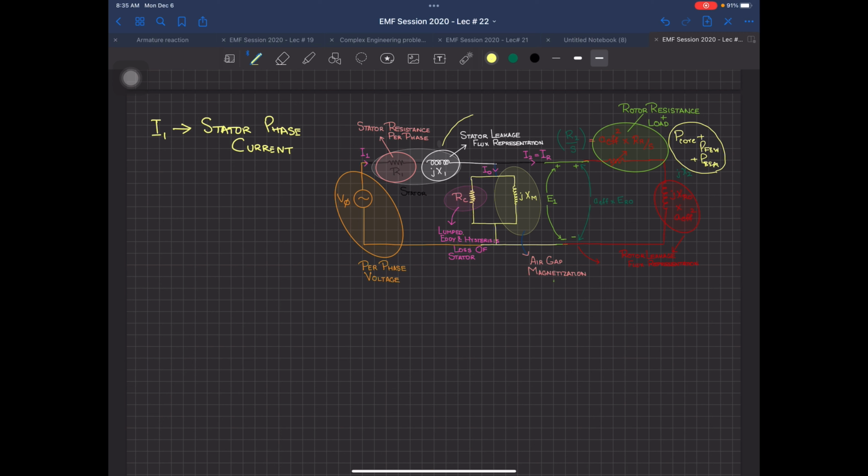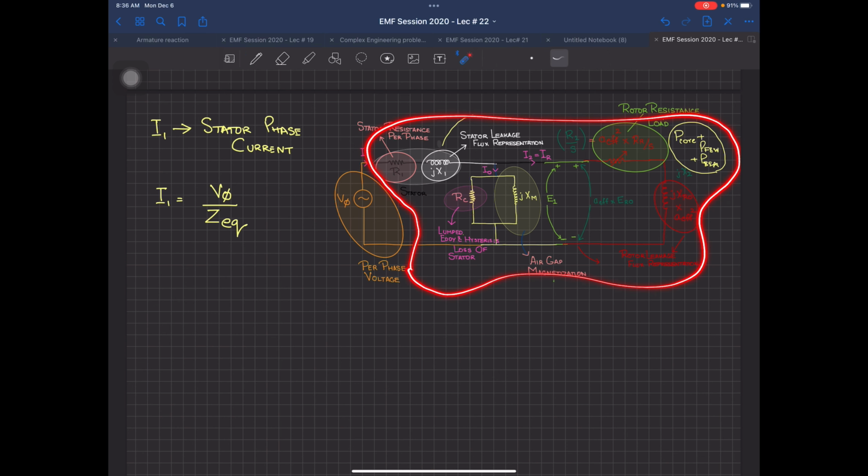Now, I1 will be equal to V phase divided by the total equivalent Z of this circuitry over here. So when I want to find Z equivalent, I need to find the total impedance of this circuitry.